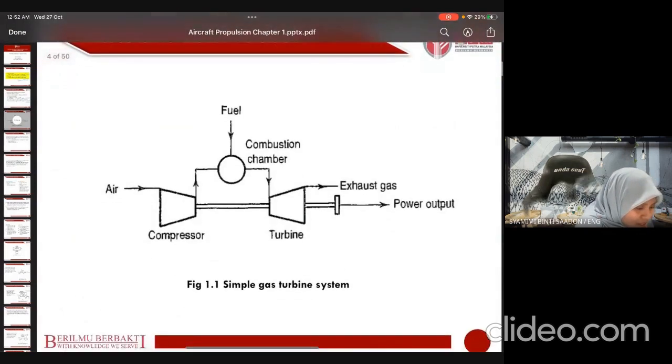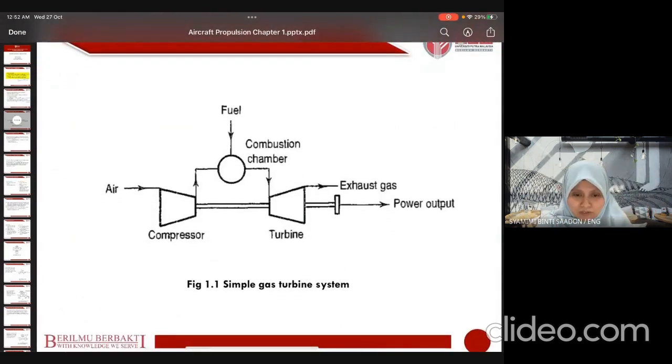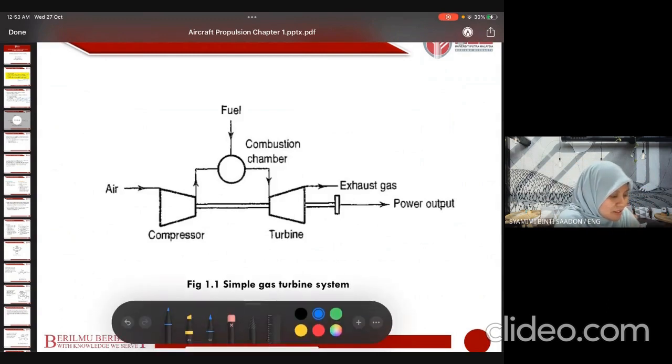And then, this is one type of the simple gas turbine system. So we have air intake at the inlet of the compressor. Remember again, this is basic. Not the same as those gas turbines that you see in current aircraft engines, but because this is the basic one, in order to produce basic power output, we have air at the intake, compressor, and combustion chamber with fuel added here.